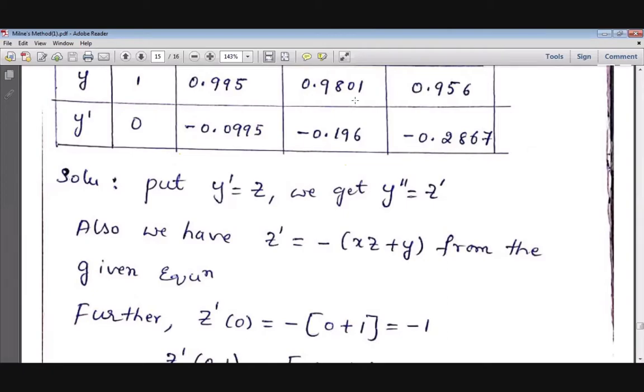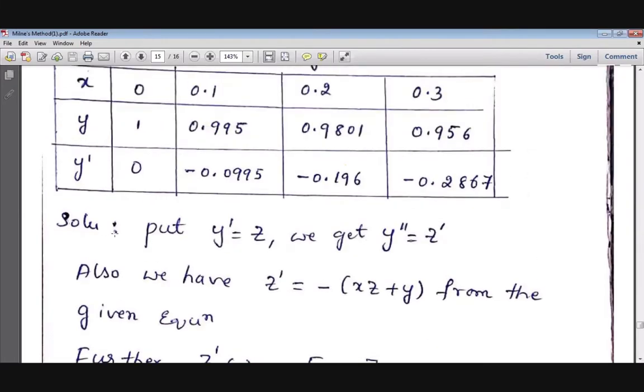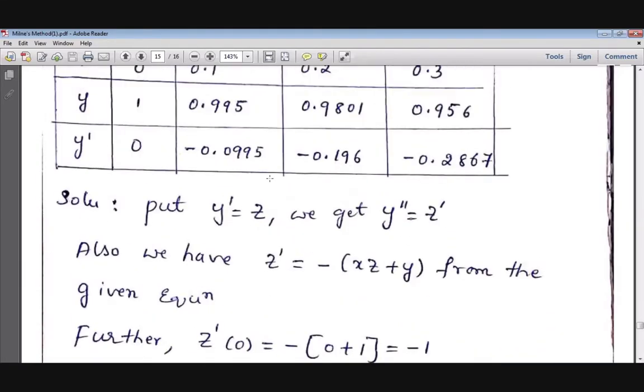First thing is, we need to put y dash equal to z. This is similar to all the problems in Milne second order and Runge-Kutta with second order ODEs. Correct?